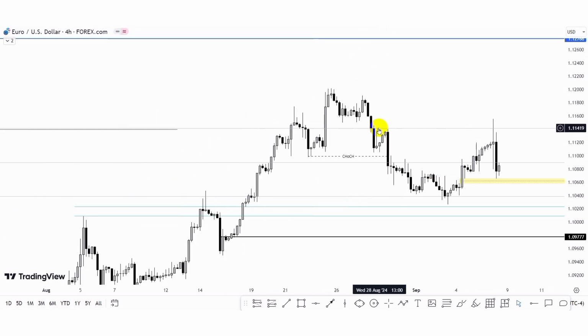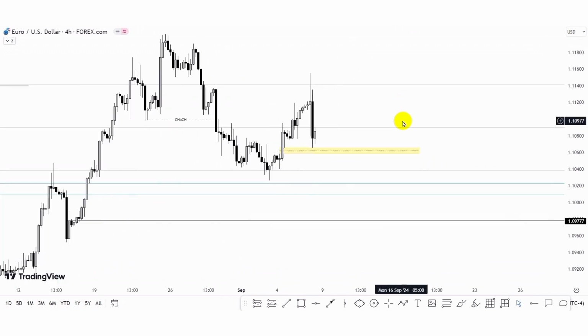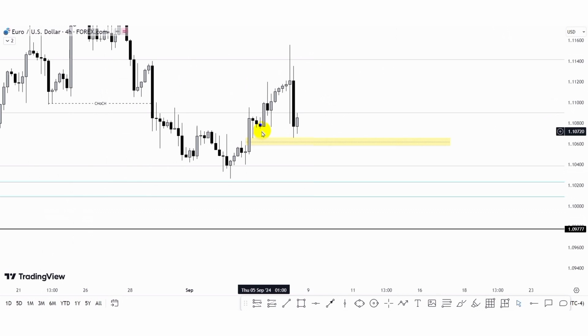So here in the 4-hour time frame, what we're going to identify is that price filled up this inefficiency. Price took out this buy side liquidity, and now we're having the rejection of price to the downside. And what you can further see is that we have these relatively equal low points.